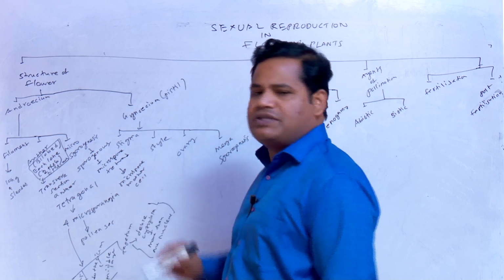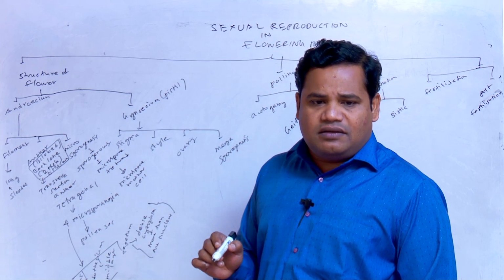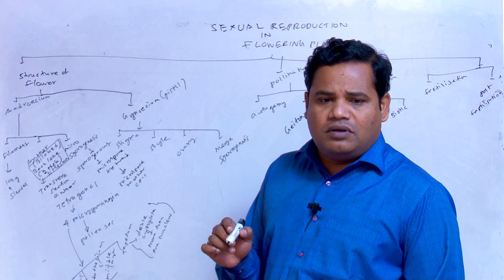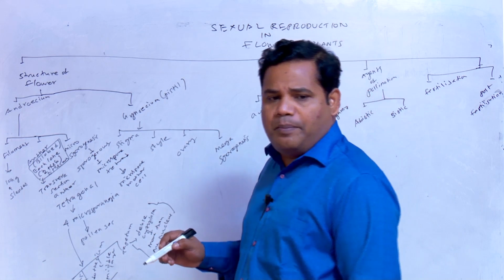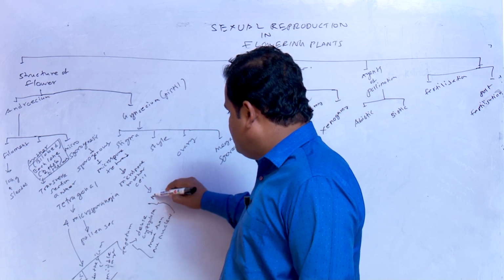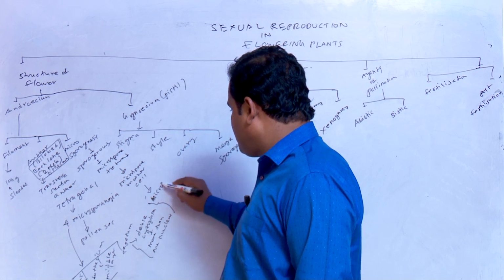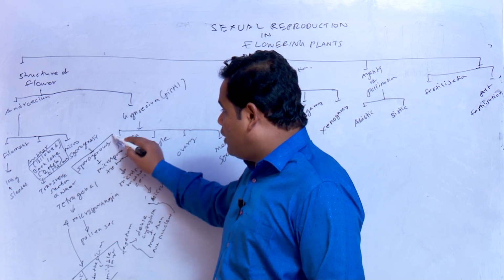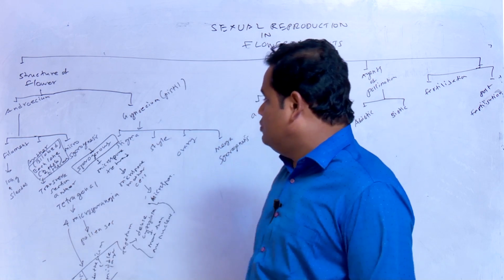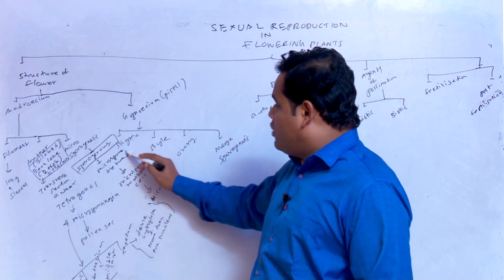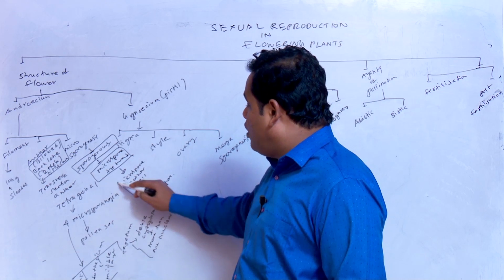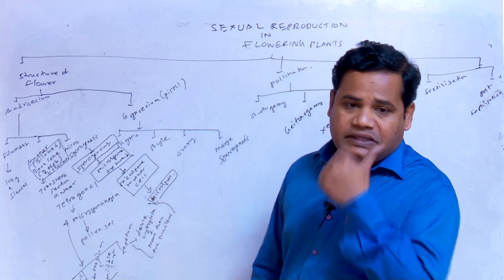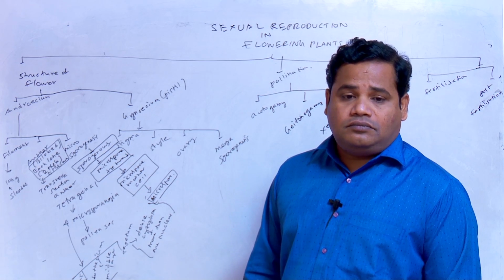This microspore mother cell leads to the formation of microspores through a process called meiosis. I repeat, during microsporogenesis, sporogenous tissue is involved in the formation of microspore tetrads, and the microspore mother cell produces microspores. Very simply speaking, this is the information.